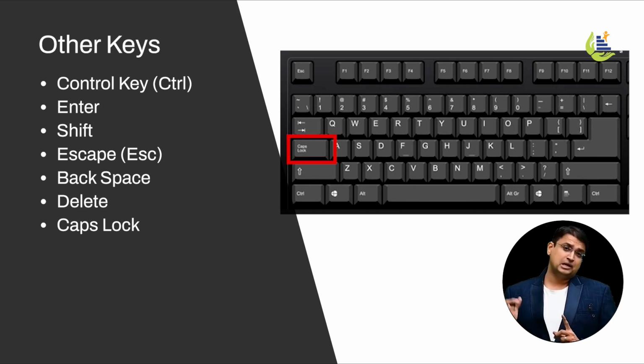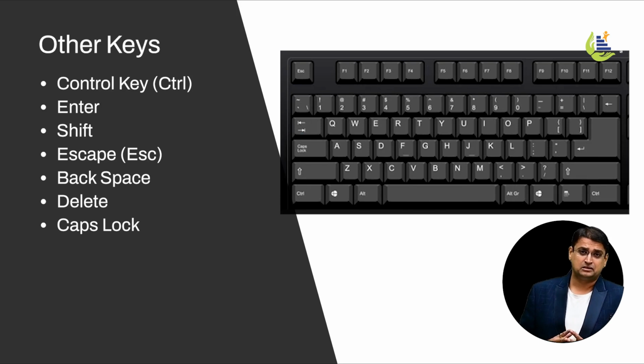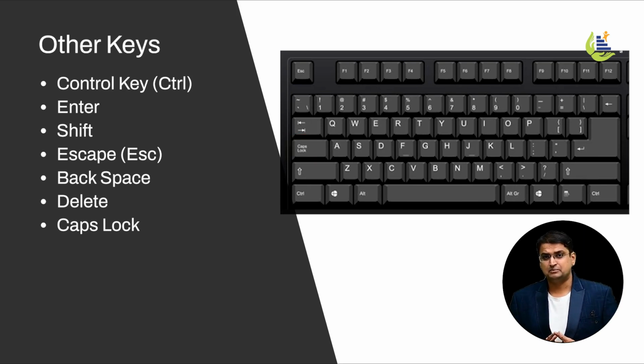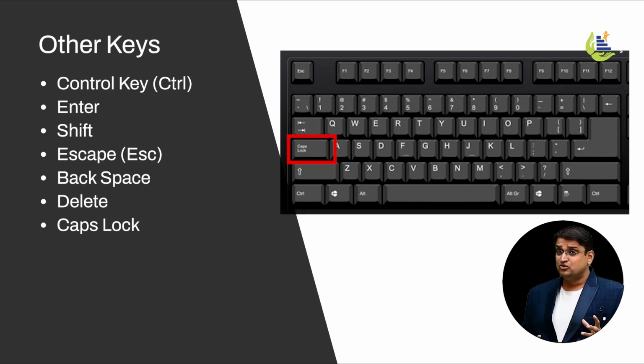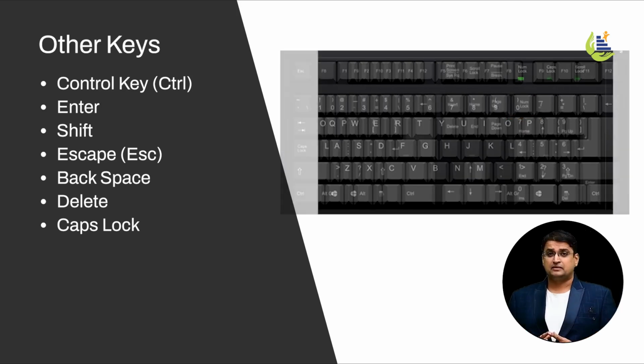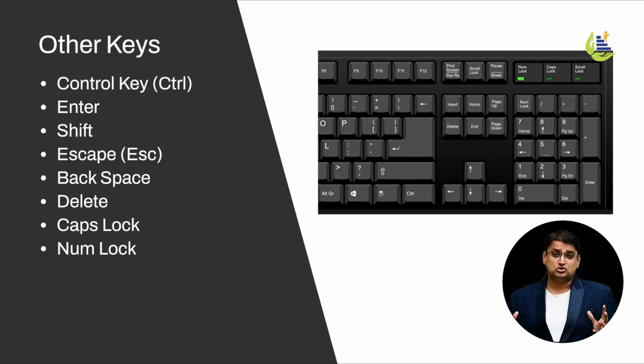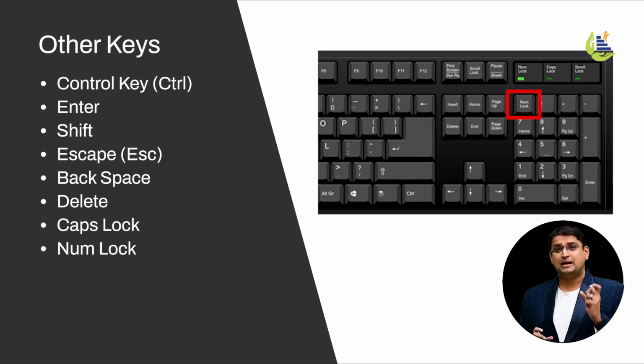It is used to type the alphabet in capital letters. It enables or disables all the letters from being typed in capital letters. When this key is enabled, the alphabet would be in capital letters, and when it is disabled, the alphabet would be in small letters. Numlock is used to enable and disable the numeric keypad.